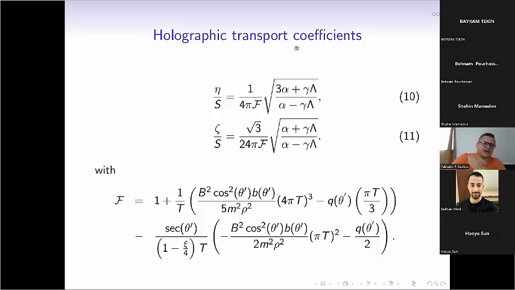Okay, and using the tensor perturbation, it's possible to extract the holographic transport coefficients, like the shear viscosity and bulk viscosity. Okay, and what happens now for the large temperature and the low temperature with these transport coefficients?